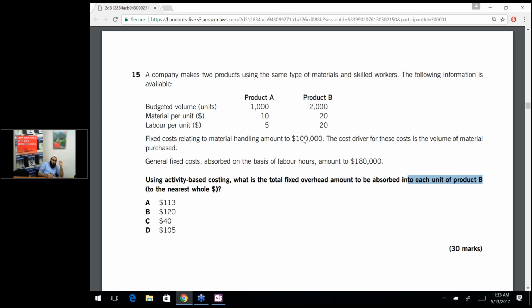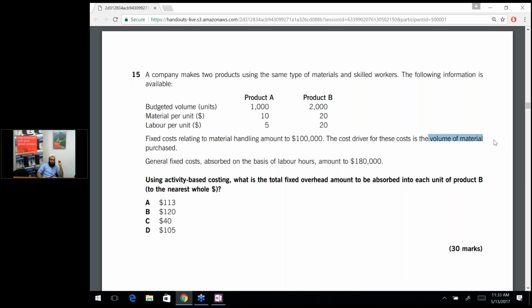So fixed cost related to material handling and fixed cost relating to general fixed overheads. This is 100,000, this is 180,000. Fixed cost that relates to material handling will be absorbed on the basis of volume of material purchased.